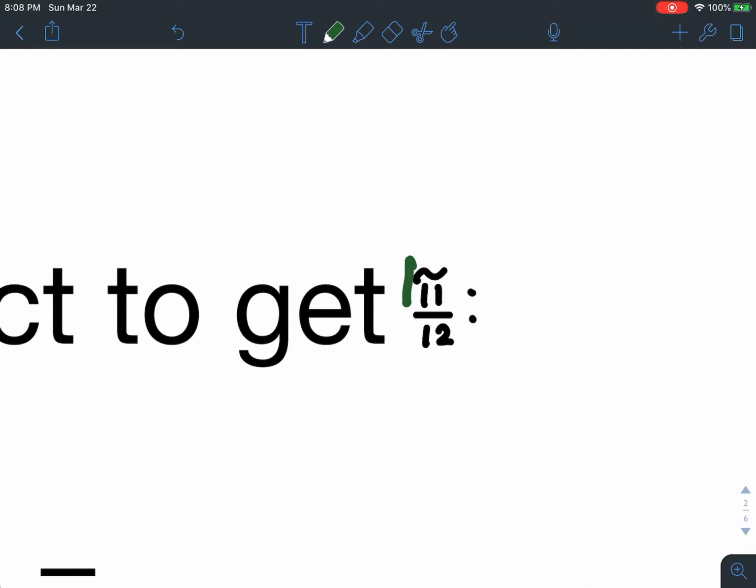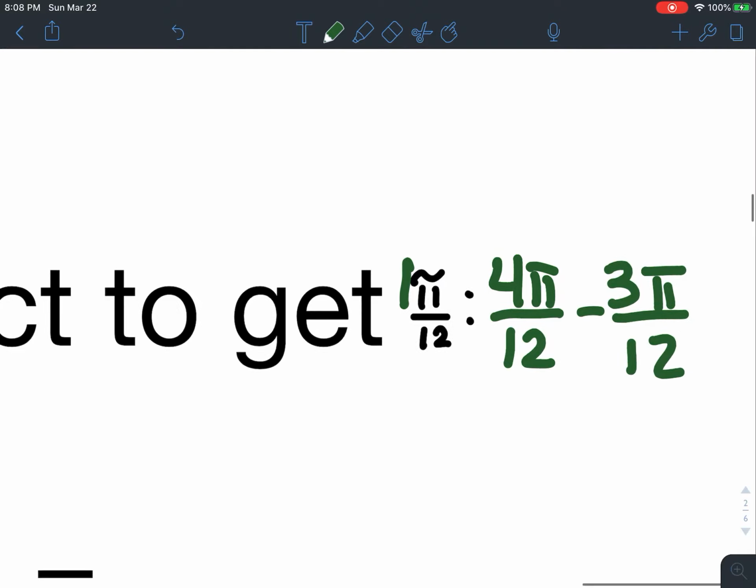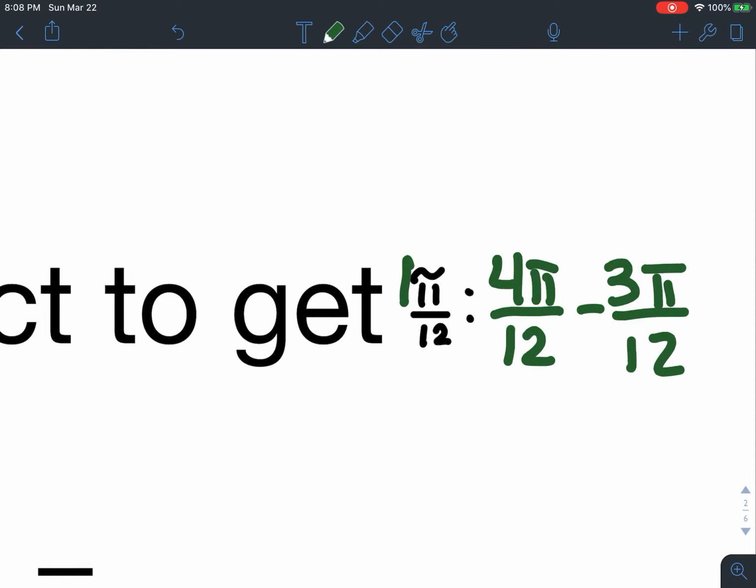So my thought was to choose 4 pi over 12 minus 3 pi over 12, which of course is equal to 1 pi over 12. This is a good choice because 4 pi over 12 is pi over 3, and 3 pi over 12 is pi over 4. These are both special angles, so I will be able to find the trig values of those.